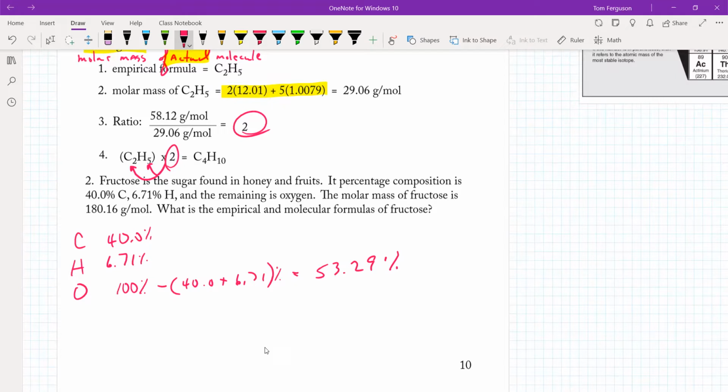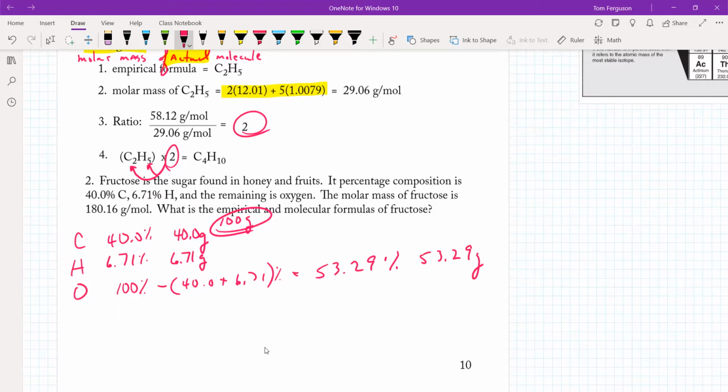Okay, I'm going to assume 100 grams. So I mean that is automatically 40 grams, 6.71 grams, 53.29 grams.